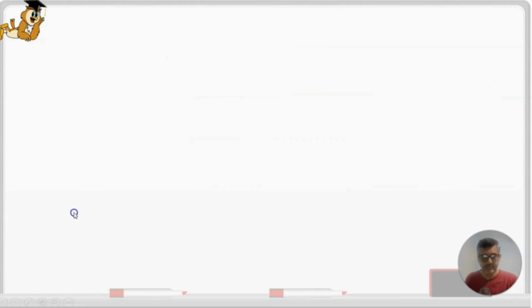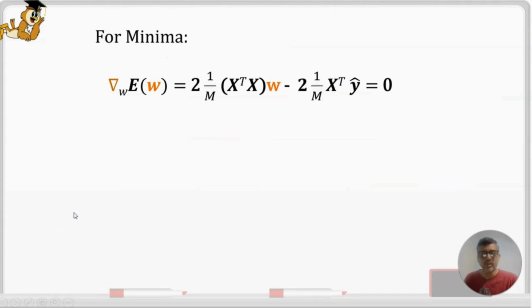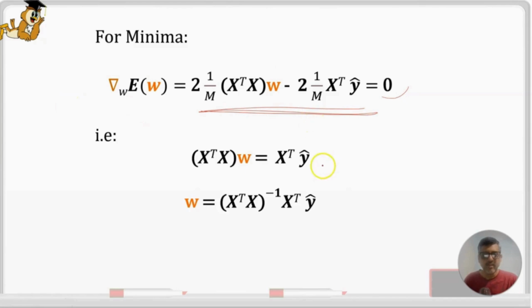Okay, so for computing the minima, remember we said that we would equate the gradient to a zero vector. Okay, and this is the gradient from the earlier slide. We have equated it to the zero vector, and we can therefore solve this for w. 1 over m goes away. x transpose x w is equal to x transpose y hat.